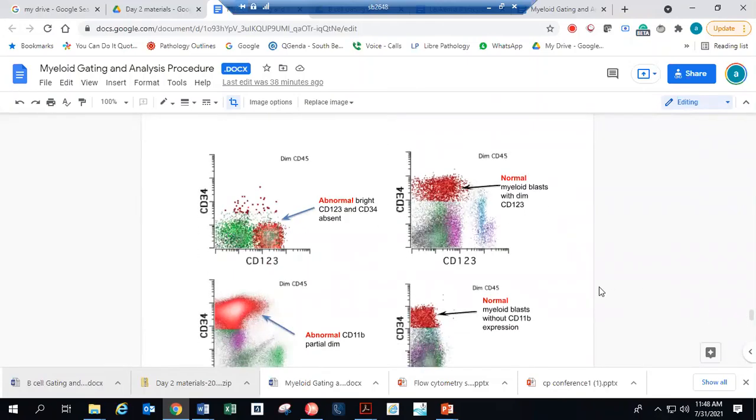Okay, so the normal myeloid blasts will not be having CD123. They will be negative for CD123. When they start having CD123, also they are showing over here the CD34 is absent. Those are your abnormal myeloid blasts.